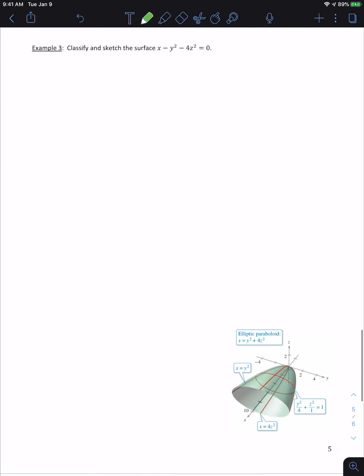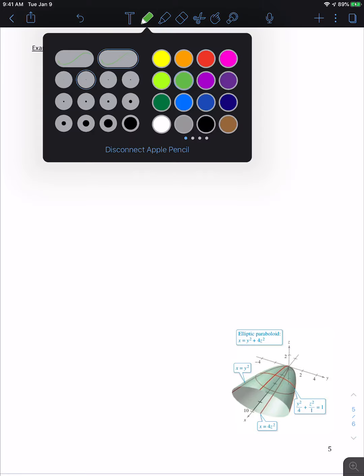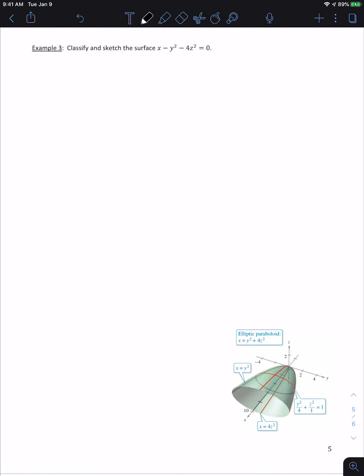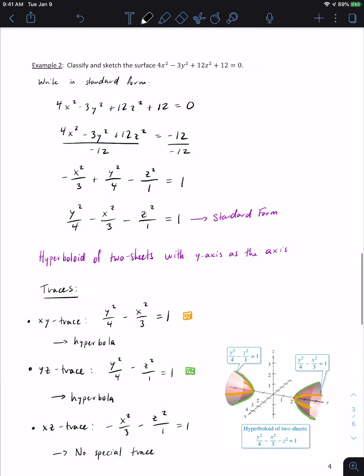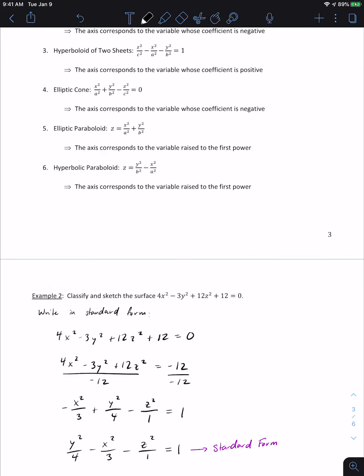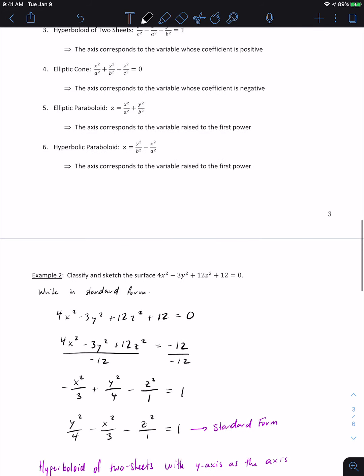All right, so now let's look at another one. Classify and sketch x minus y squared minus 4z squared. So notice here that only one of my variables is to the first power, right? So that's going to correspond to one of the paraboloids. We just need to figure out which one it is.